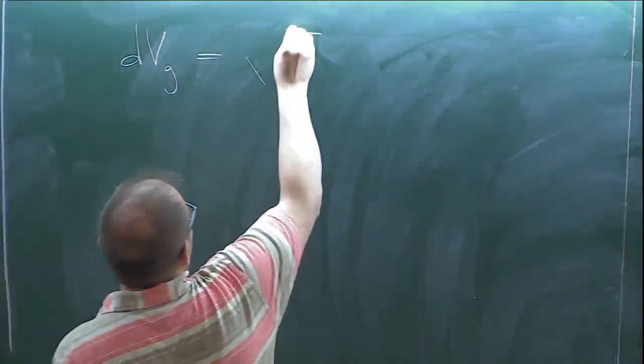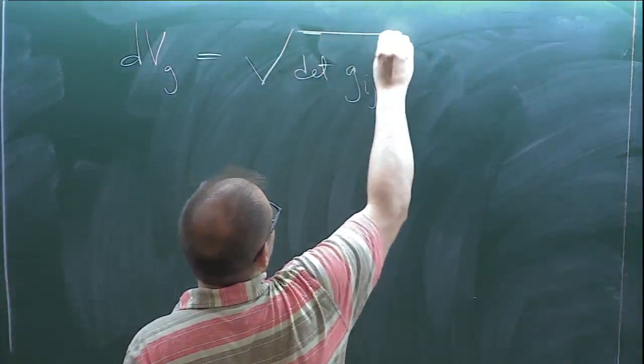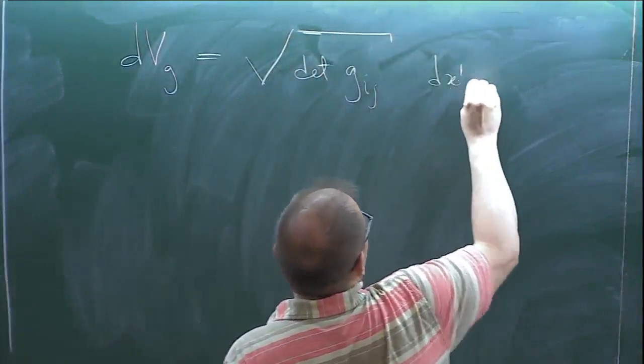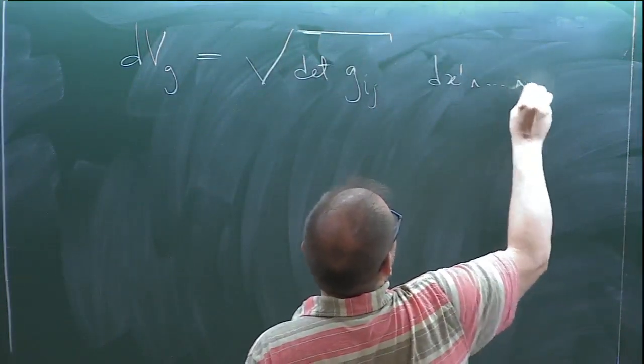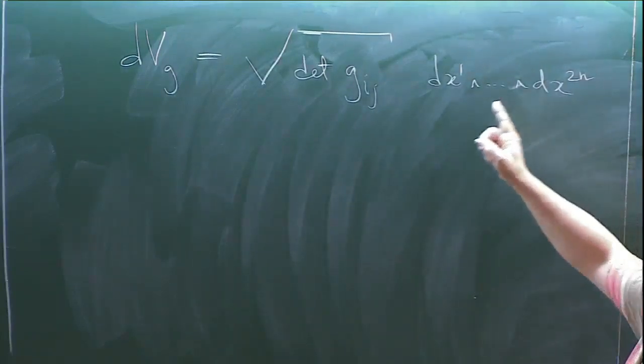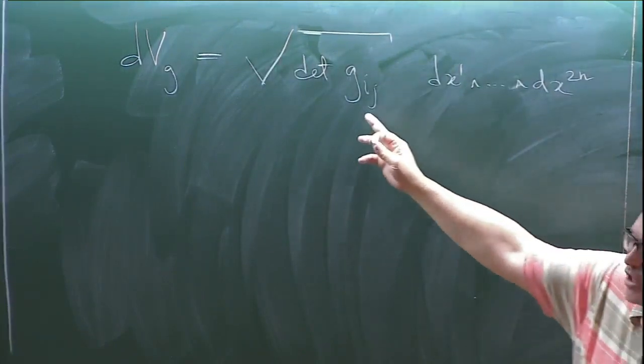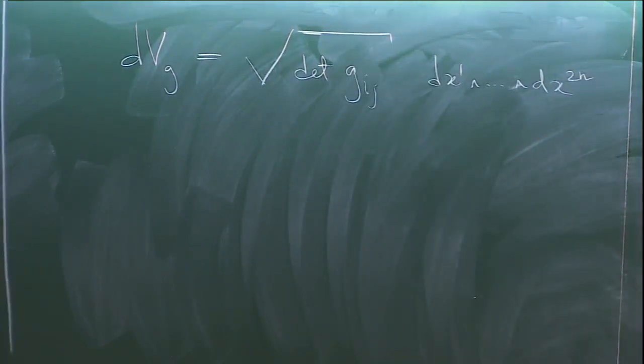This is just going to be locally the square root of the determinant of g_ij, and then dx_1 through dx_2n. These x's are not the real or imaginary parts, they're just any real coordinates. And g_ij is the metric expressed in terms of those coordinates.